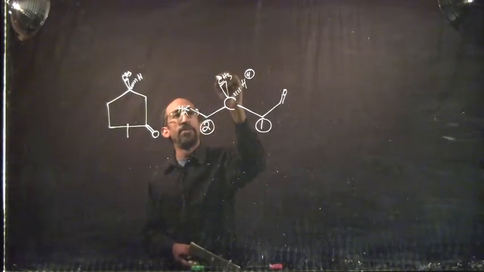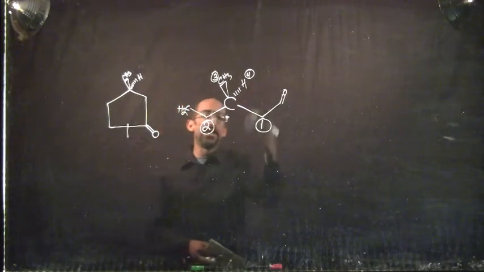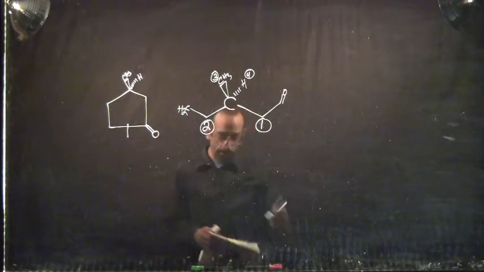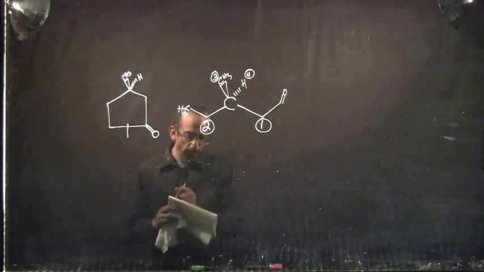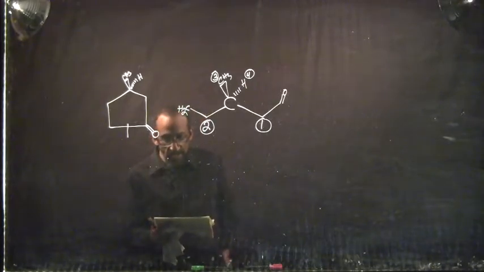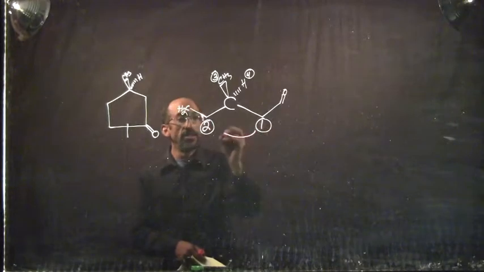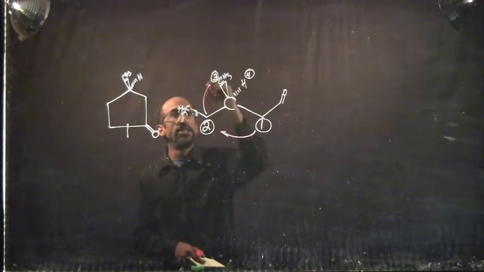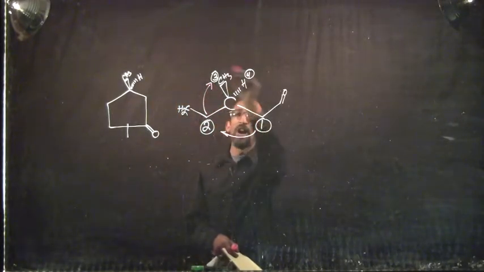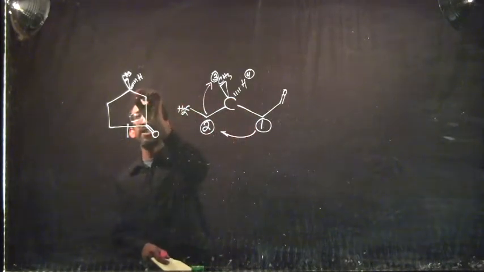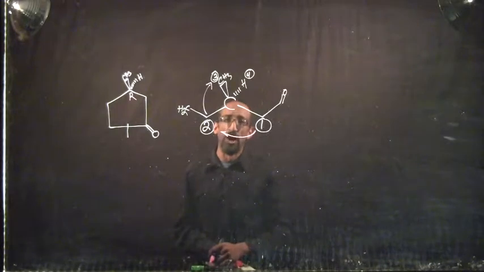And finally, our methyl group on the wedge is priority 3. Conveniently, we already have our hydrogen atom pointing back. And so what we see here now is that if we go from 1 to 2 to 3, we are moving in a clockwise direction, and we can assign the absolute configuration of that stereocenter as being R.